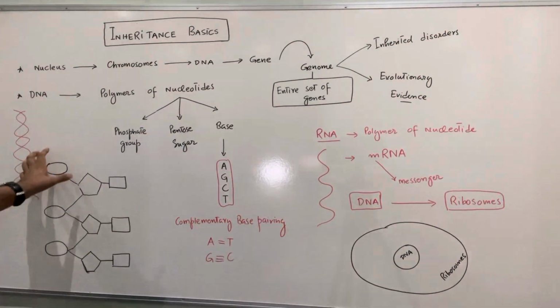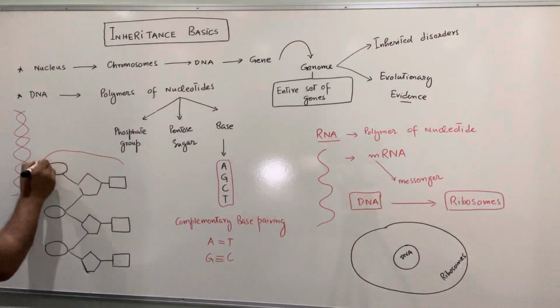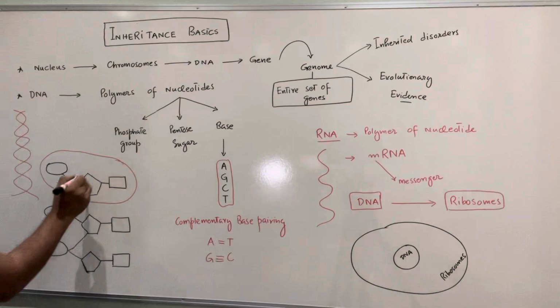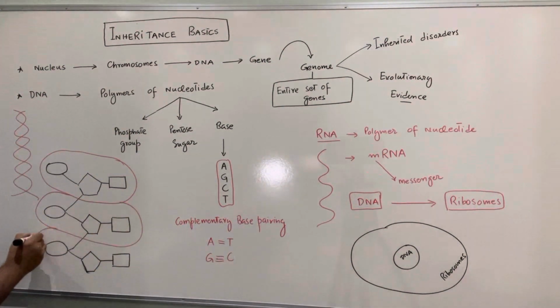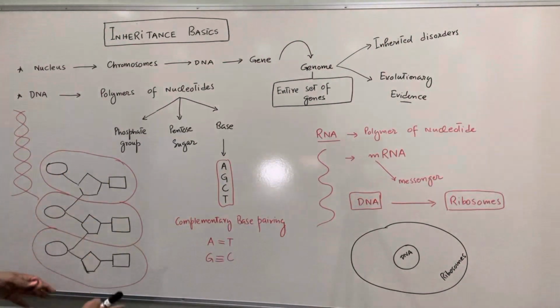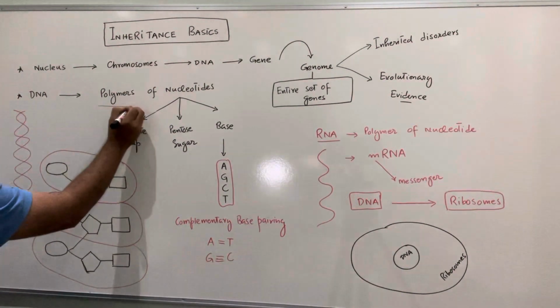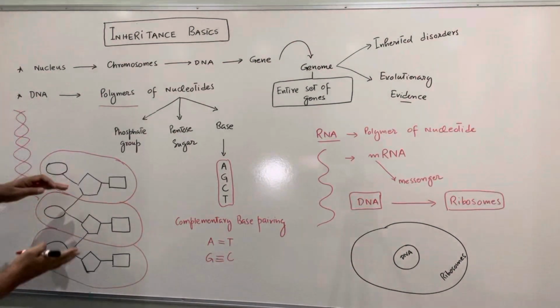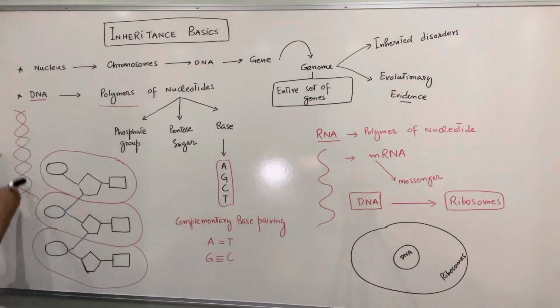You can see this is one nucleotide, and this is another nucleotide, and this is another nucleotide, and so onward. All these nucleotides together make a chain, they make a polymer, and that polymer is called DNA.